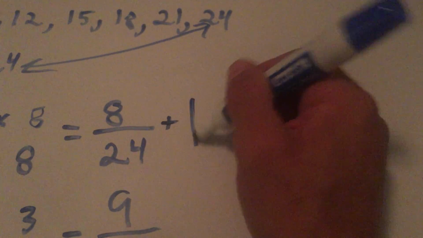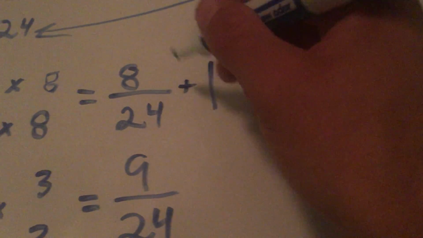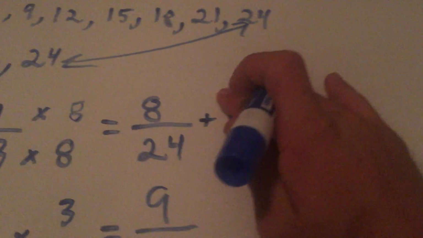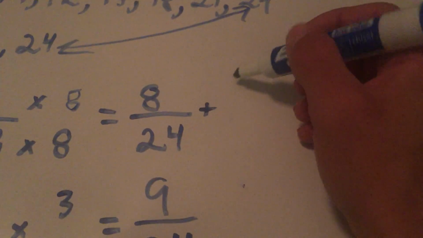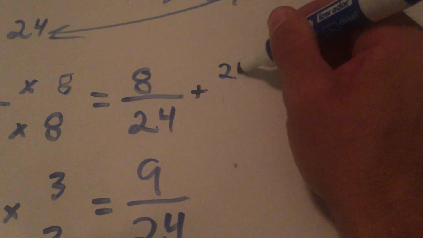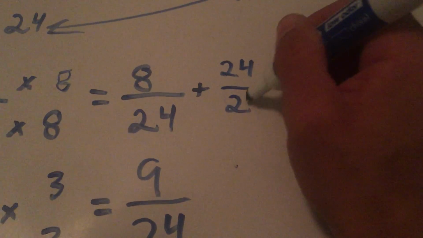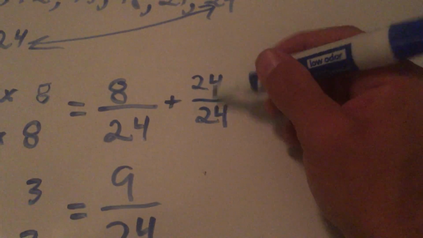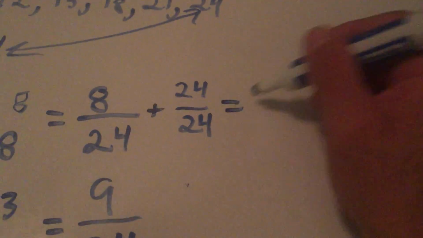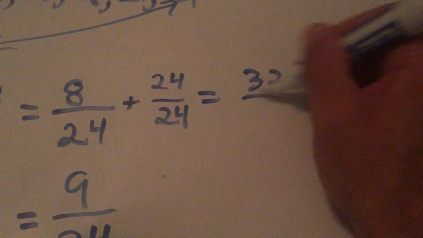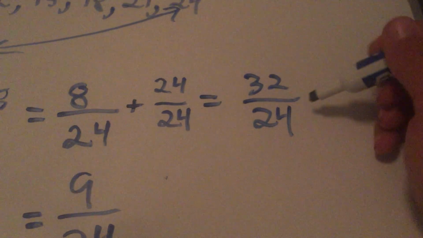Now, if I just wrote plus 1, that doesn't really help us. But what's the same as writing plus 1 is saying plus 24 over 24. You notice that number is 1. All right, so 24 plus 8 is equal to 32 over 24.